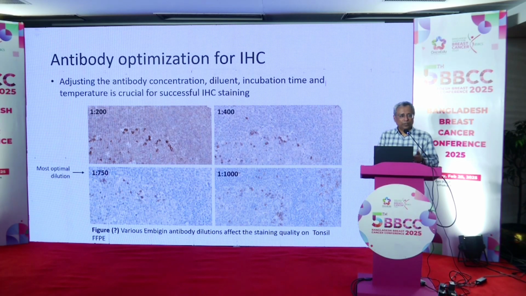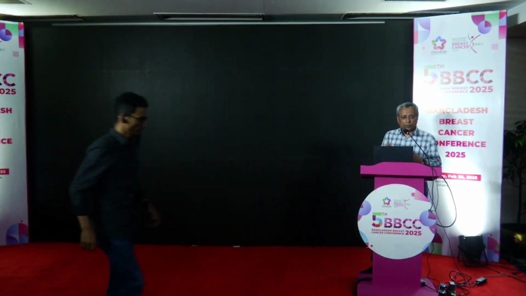You have to use whatever reagents are available to you, but you should keep that in mind. The quality of formalin is also important. If you reuse formalin, that also affects the tissue quality. So even if you don't have access to very good formalin, try not to reuse formalin in the labs.